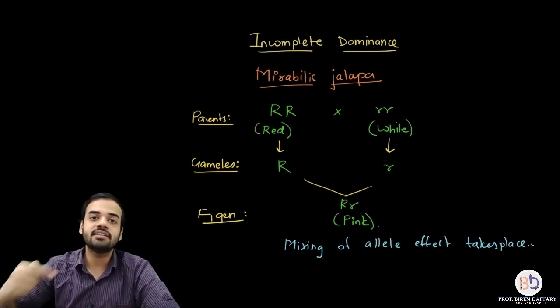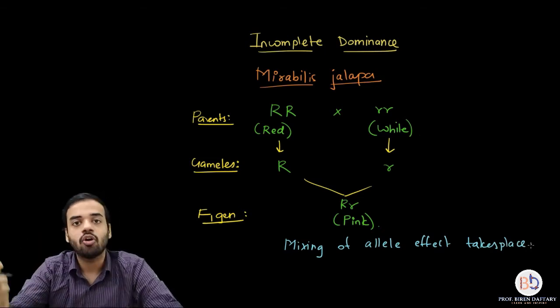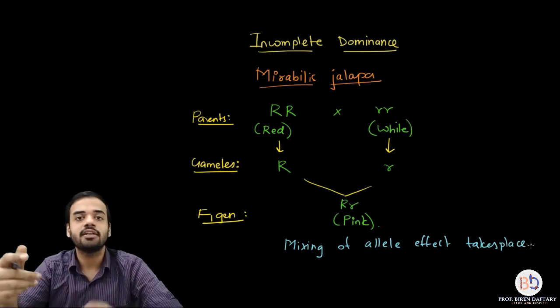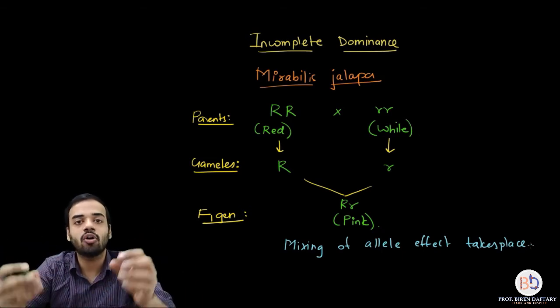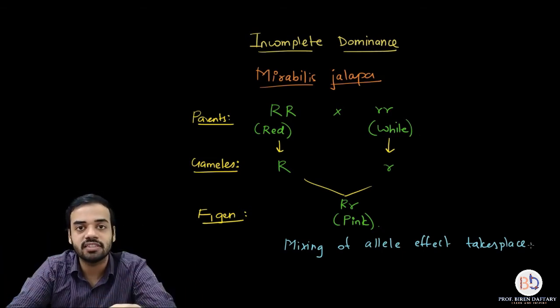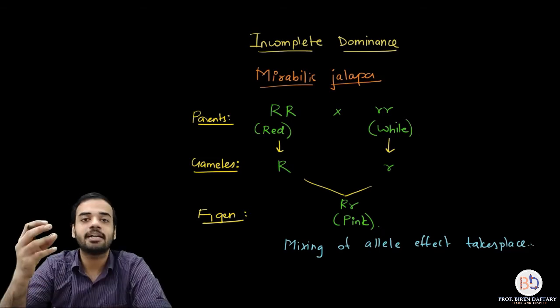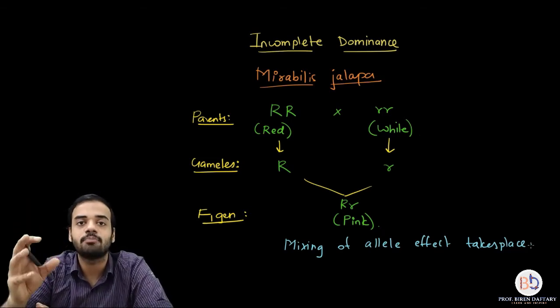Neither red is dominant over white nor white is dominant over red, but both are trying to show their effect equally, and there is a mixing of both the effects of the alleles, and that is why you get that pink color. This is called incomplete dominance.